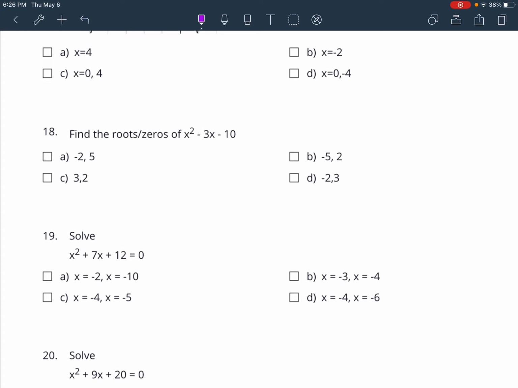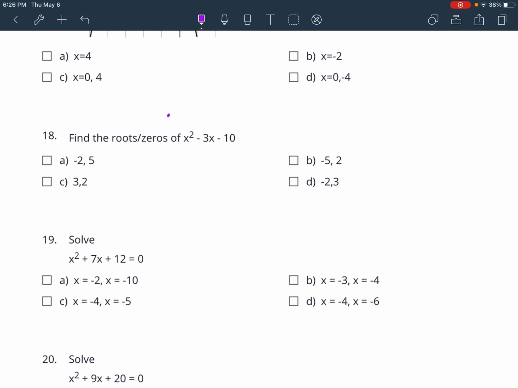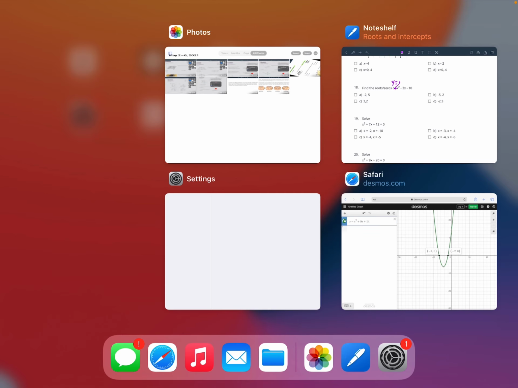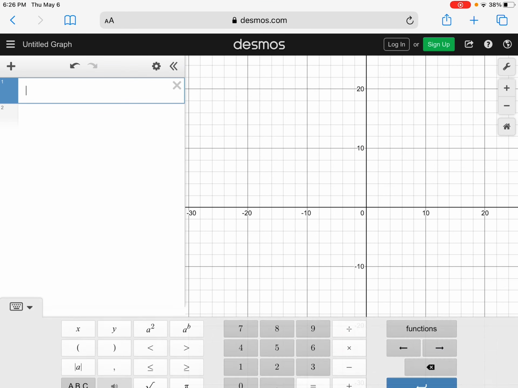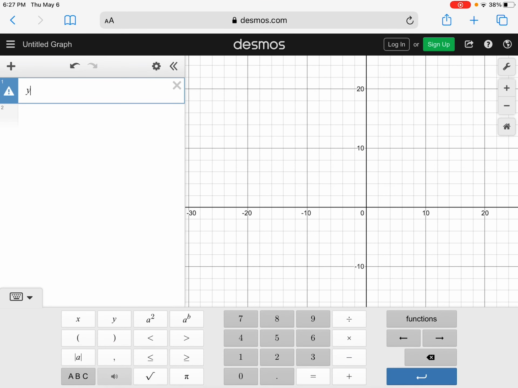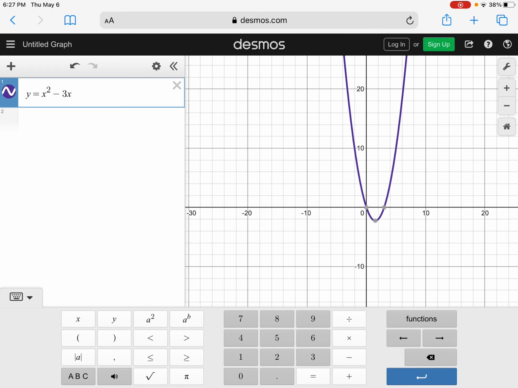Number 18, find the roots of, remember here I'm just going to put a y equals in the front so I can graph that. So number 18, y equals x squared minus 3x minus 10.